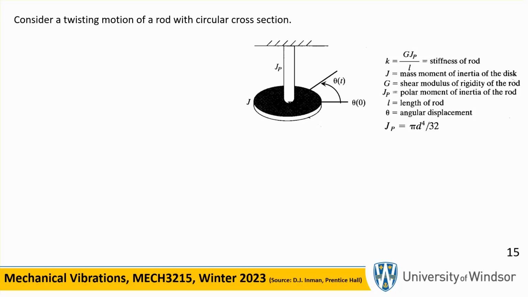There is a shaft, and then there is a disc, maybe a flywheel, maybe the tire, etc., attached to it. So this obviously goes through torsional vibration. Of course, if you take this thing, shift it to the left, and let it go back and forth, it can have bending vibration, it can have axial vibration, but right now we're only considering torsional vibration. So these properties are given.